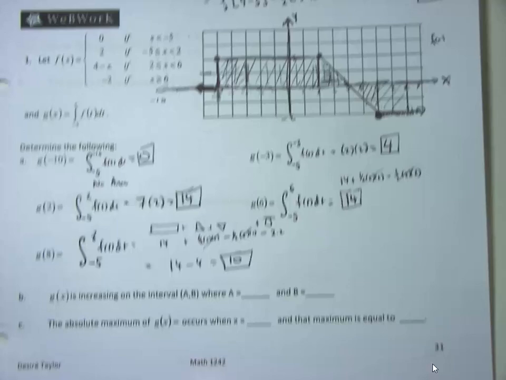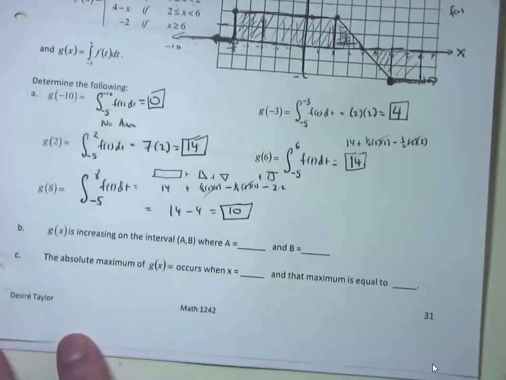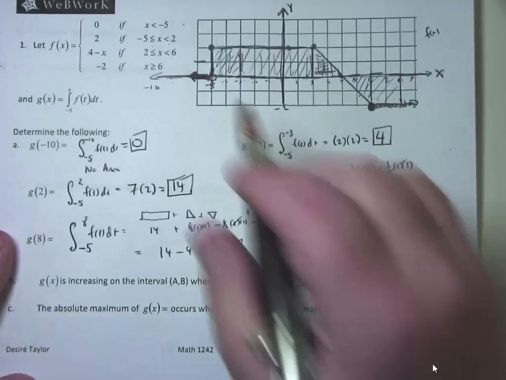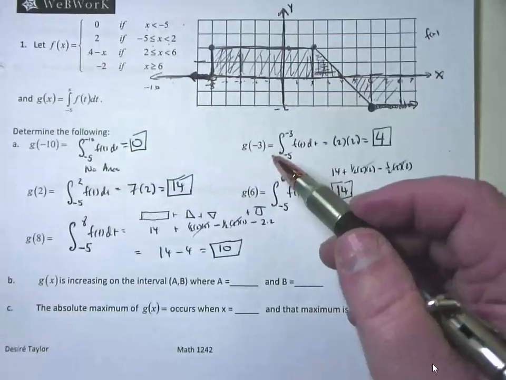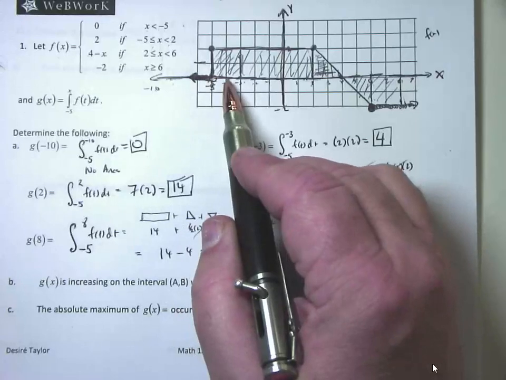We're playing area games with this stuff. Got a question for you. Part B here: g of x is increasing on the interval between what and what? Look at the values of g. g is the actual area. Where does the area start? Right here it's at 0, then automatically we started getting some area. Where did the area start?